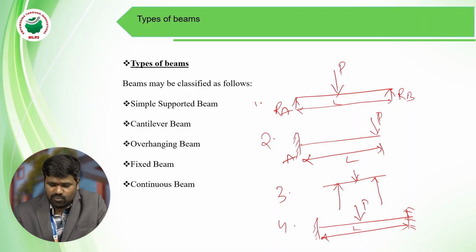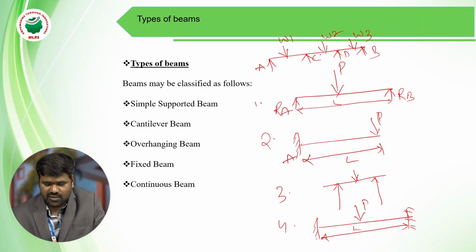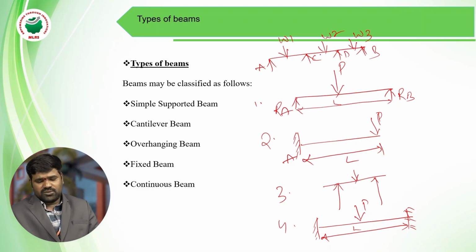And continuous beam, more than two supports. More than two supports is called continuous beams. These are the types of beams.